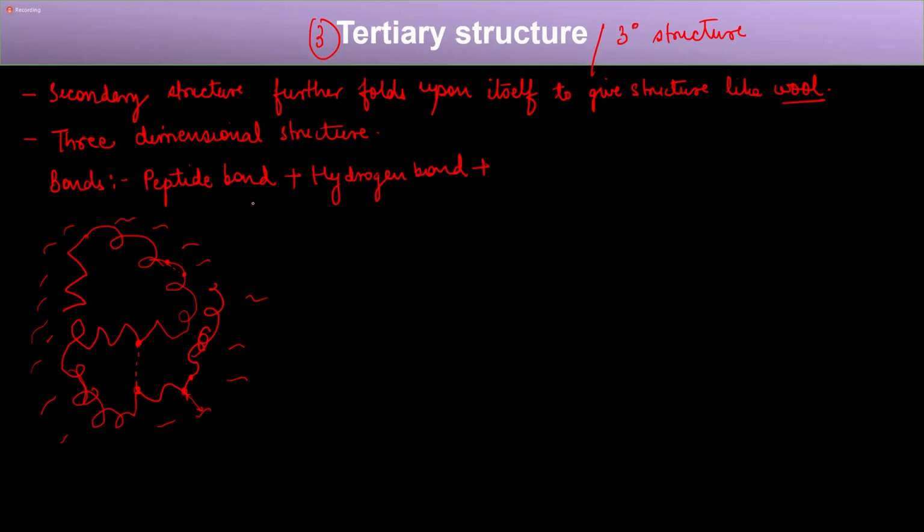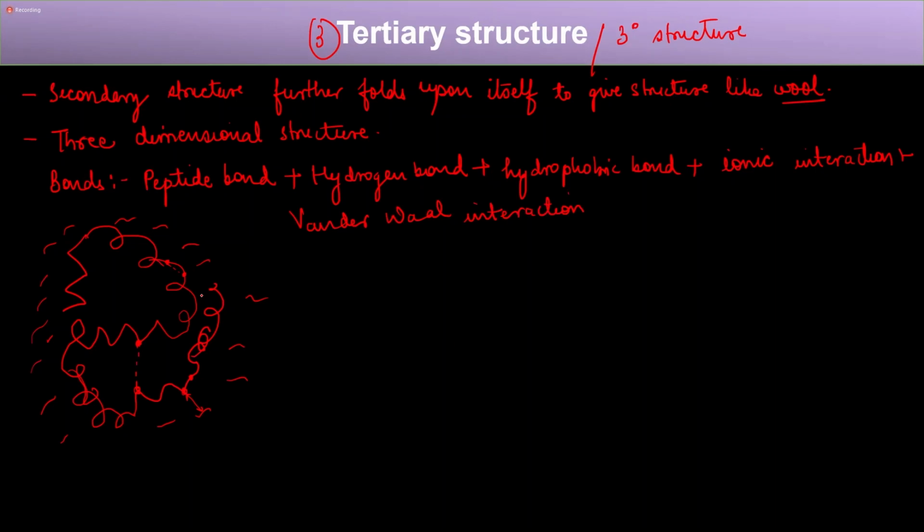So along with the peptide bond and hydrogen bond, because of the non-polar amino acids, it will have hydrophobic interaction, or you can say hydrophobic bond. Then, if there are two charged amino acids and they interact with each other, it will have ionic interaction. It will have van der Waals interaction, right?